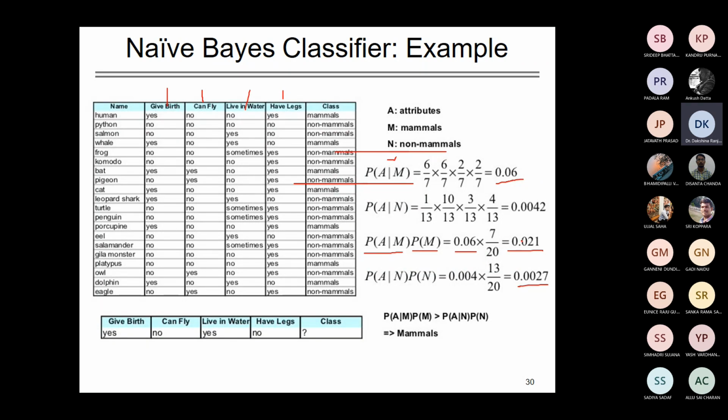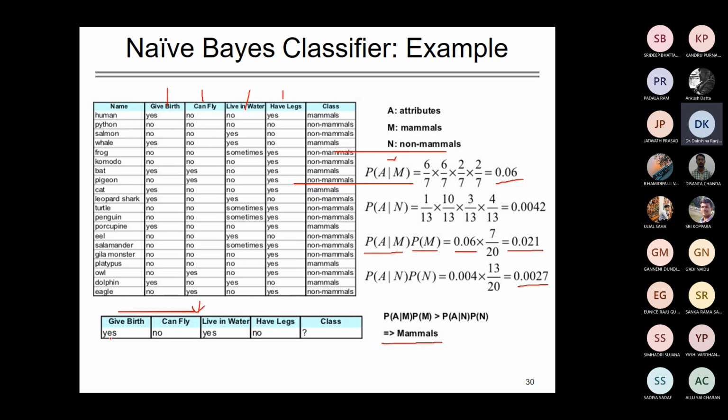Now we will compare this outcome with this outcome, and the outcome for mammal class is found to be greater than the outcome for non-mammal class. So if we consider this query for getting the prediction for mammal or non-mammal class, then definitely this will give us the outcome as mammal.